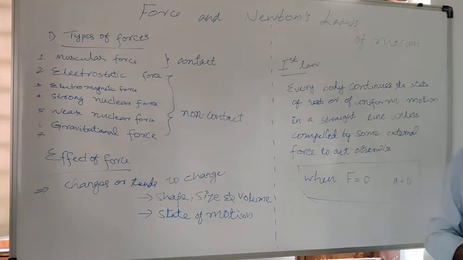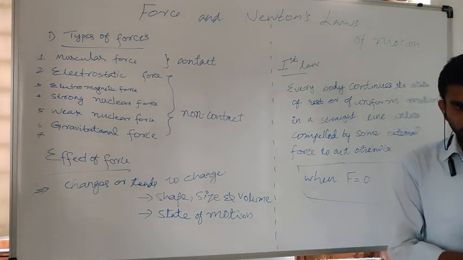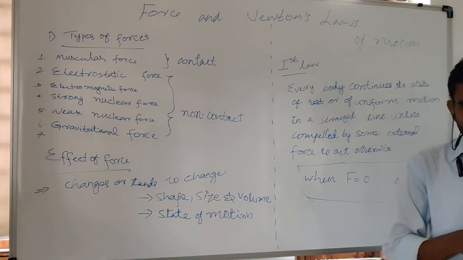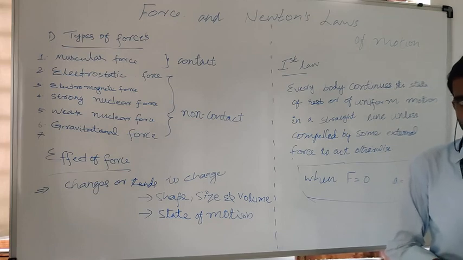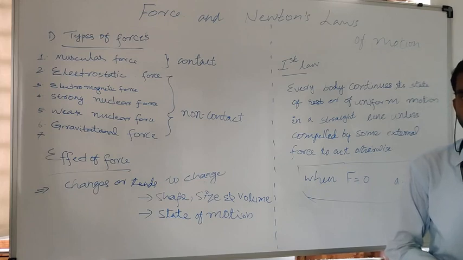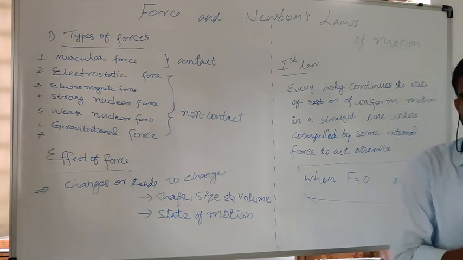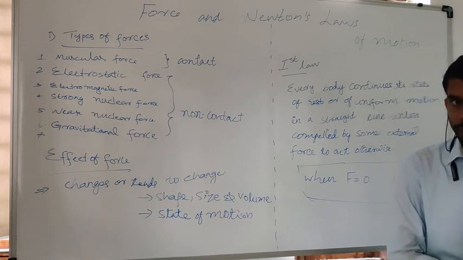Now imagine if we roll a ball over the ground, the speed of the ball gets reduced as time passes. So here speed decreases. So we can assume that some external force is acting while the ball is rolling. Actually the external force acting on the ball is nothing but frictional force.